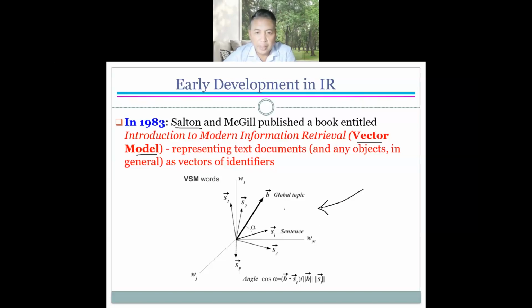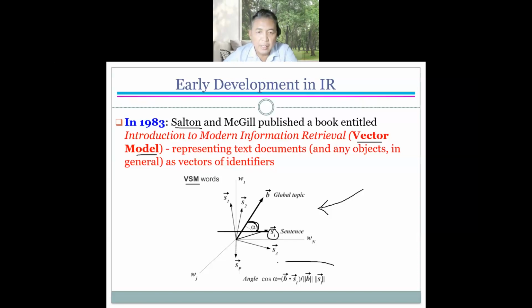For each sentence that you have, for example, this is sentence I, and this is the topic, you want to measure how similar they are. This is the model they use to rank the documents. VSM stands for vector space model.